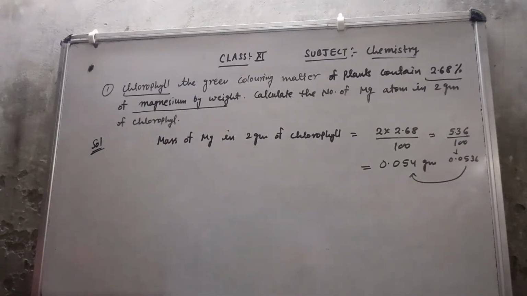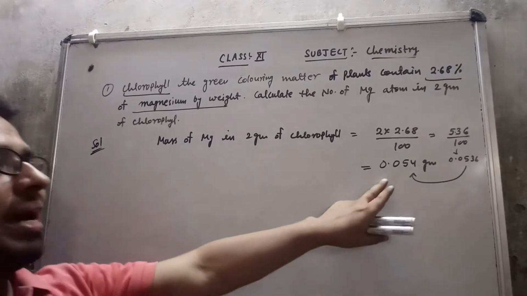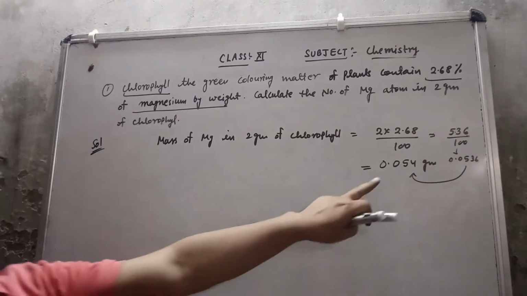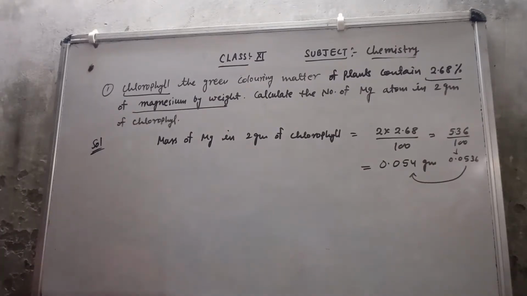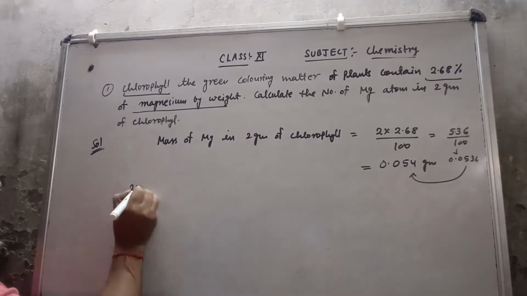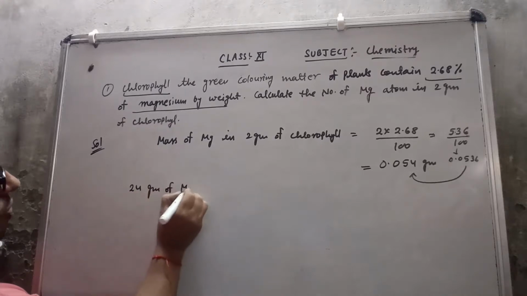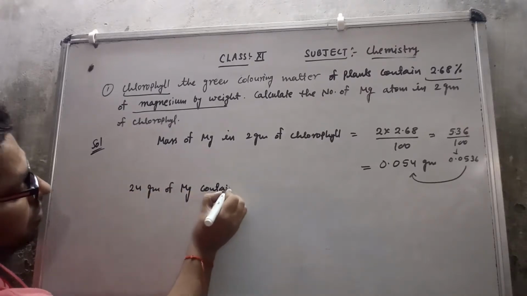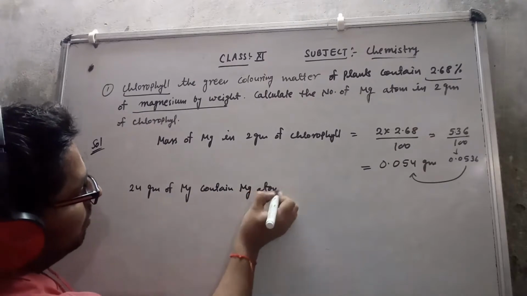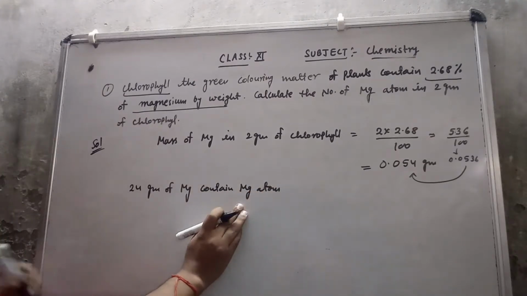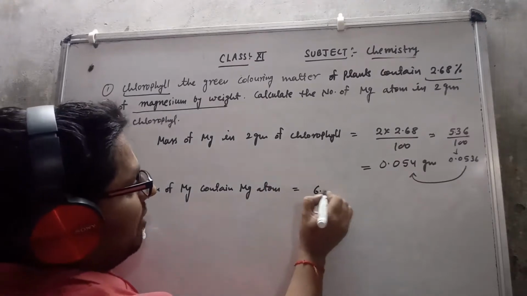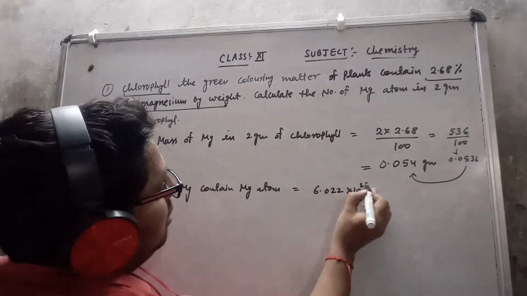Now I want to find out the magnesium atoms. So simply, that much gram of magnesium I have, I want to find out the magnesium atoms in that much gram of magnesium. So what is the atomic mass of magnesium? We know that the atomic mass of magnesium is 24. So simply, 24 gram of magnesium contains Avogadro number of atoms, 6.022 into 10 to the power 23 atoms.